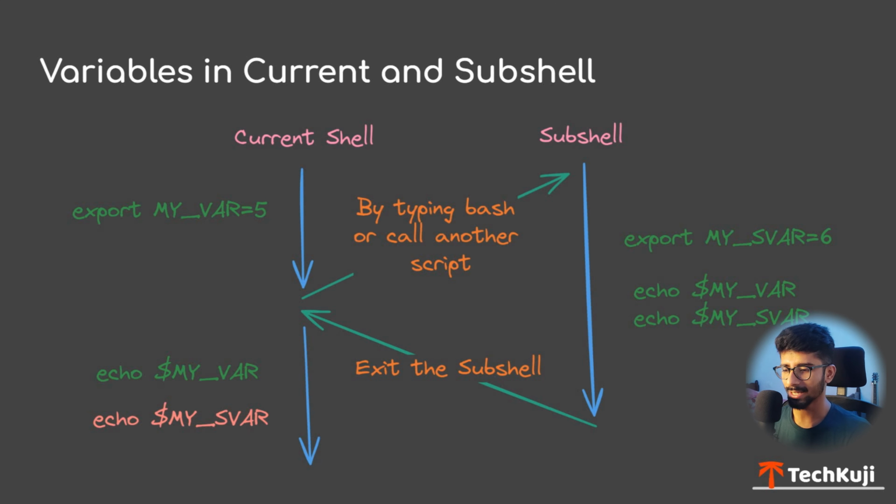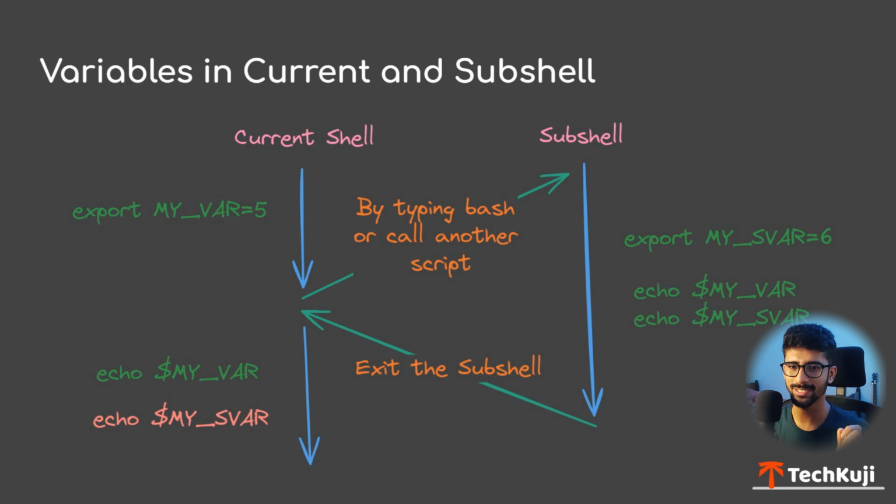When we exit from the subshell, in the current shell my_var will still be accessible, but the global variable we defined in our subshell, my_svar, will not be accessible. This is very important, guys. Let's see it in practice and it will be very clear. Please focus on this part.